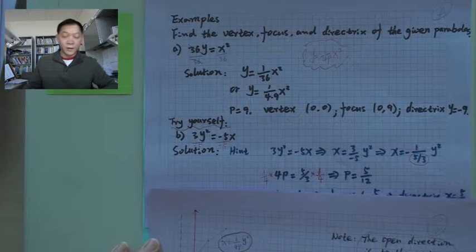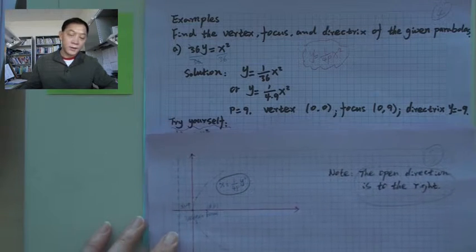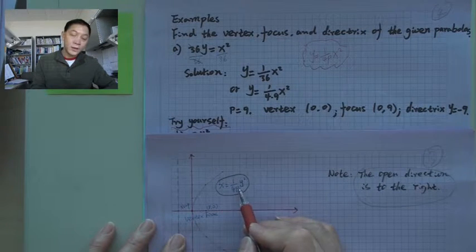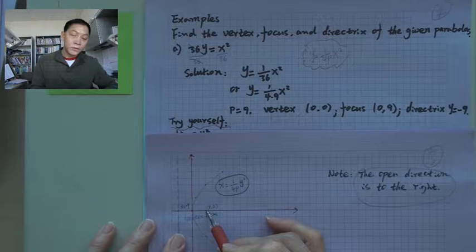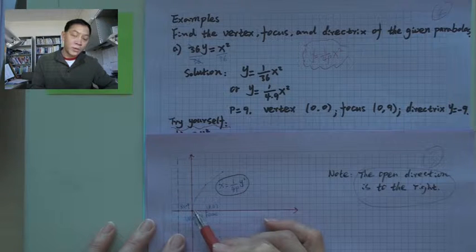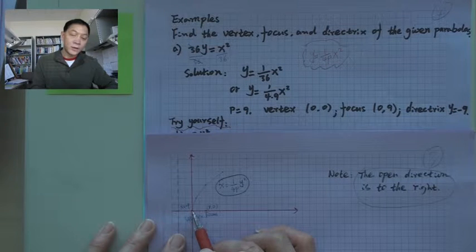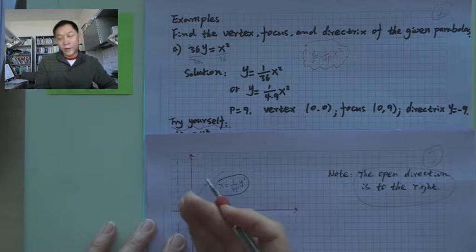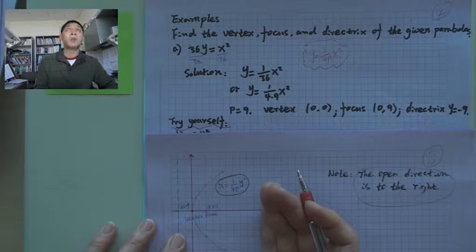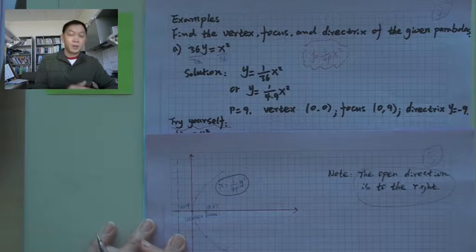Okay. So now, if you have p, the vertex in this case is always at the origin. It doesn't matter whether the open direction is to the right or to the left.